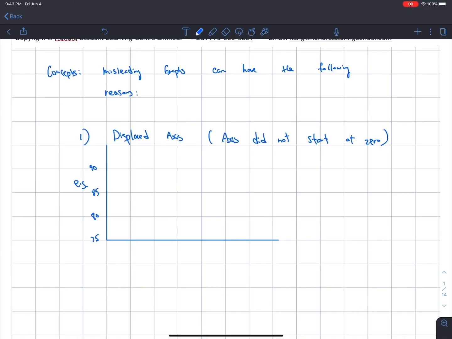So we can have maybe before math lessons. So before getting math lessons, let's say a student's grade was 80%. And then after the math lesson, the student is able to achieve 85%.